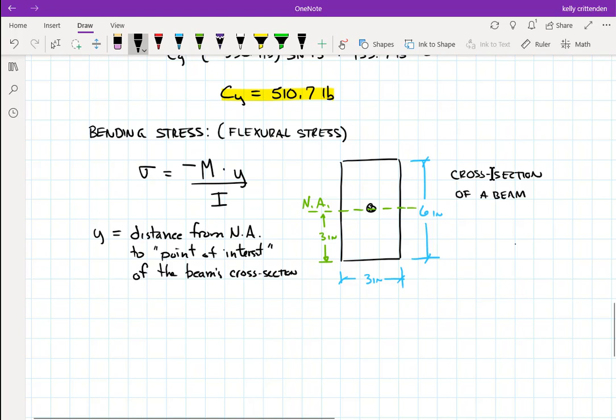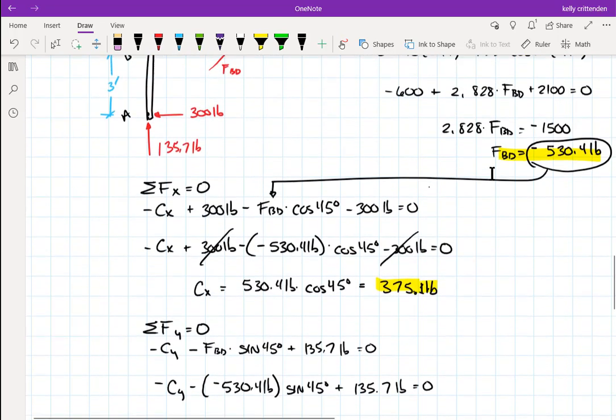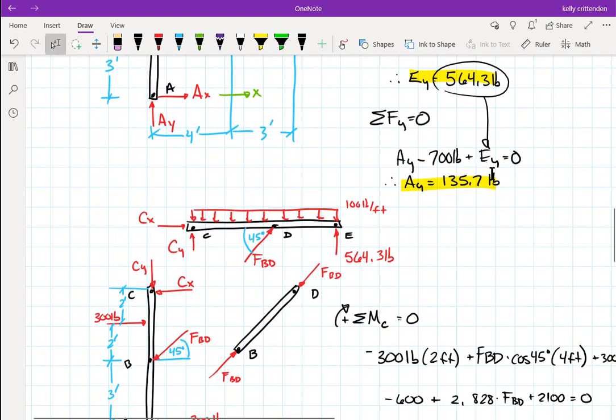Sometimes you want to know what the stress is at some specific point across the beam. Most of the time, the point of interest is where the maximum stress is, which is either the top or the bottom of the beam. So for this rectangular beam, I would put in a value if I want to find the maximum stress. It looks like some parts of this beam are clearly loaded in a way that makes tension on the bottom and compression on the top. Point D actually pushes back up though, so maybe there's some part where it might have tension on the top.